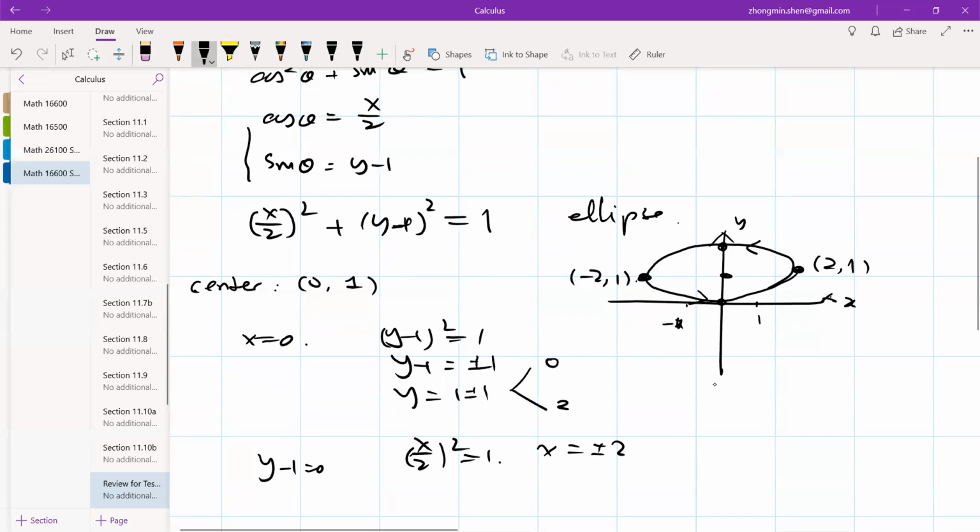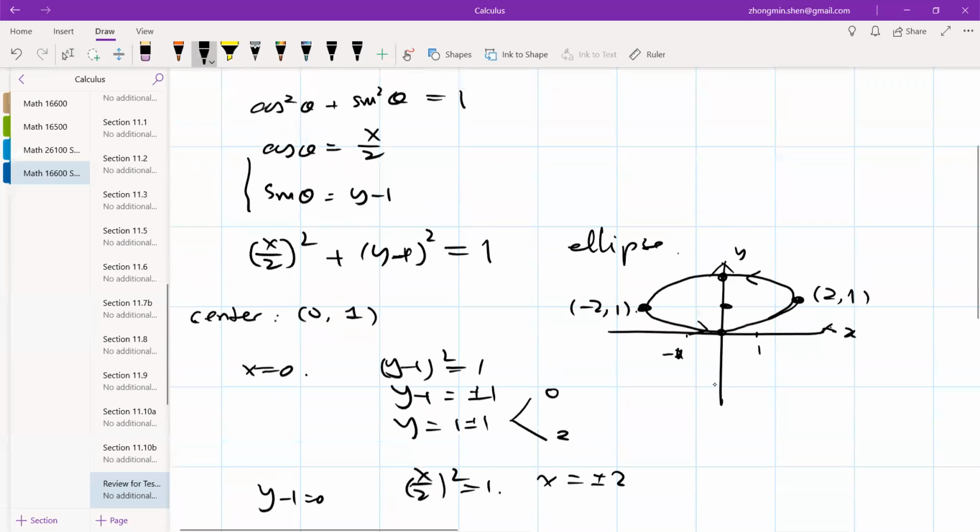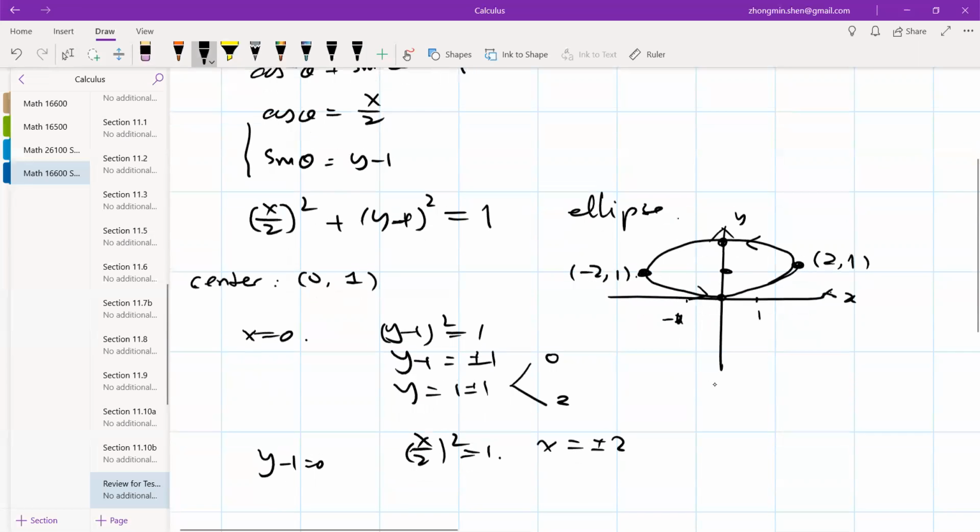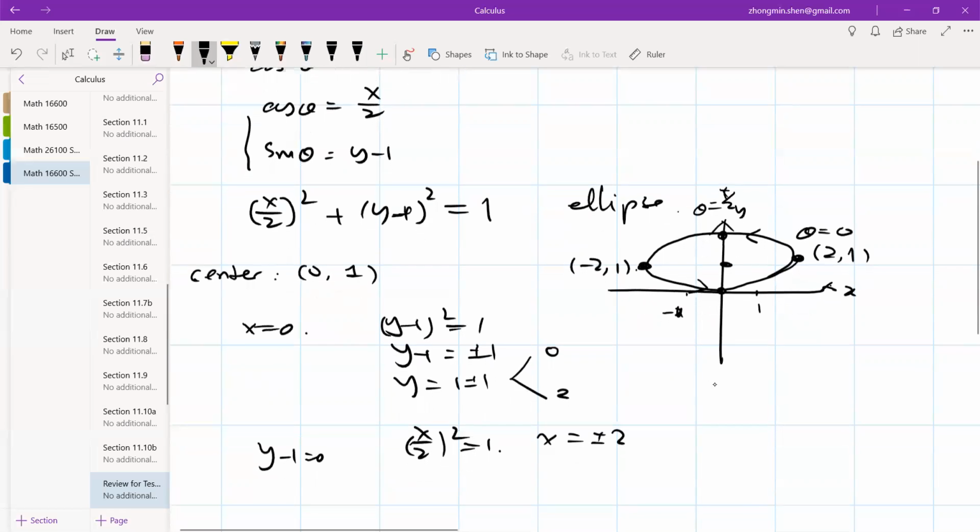We can also mark where theta is 0. When theta equals 0, x equals 2. So this is the place where theta is 0. When theta increases, here theta equals pi over 2. So you get the complete ellipse and also the graph. You just need to know the 4 points on the ellipse.